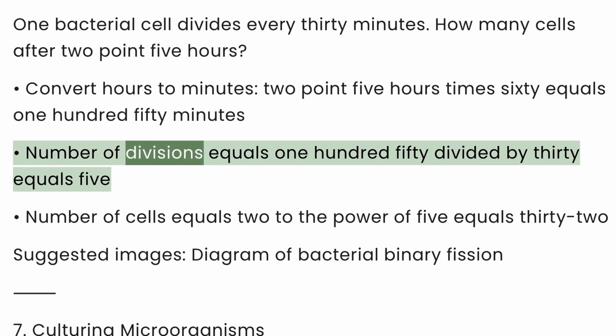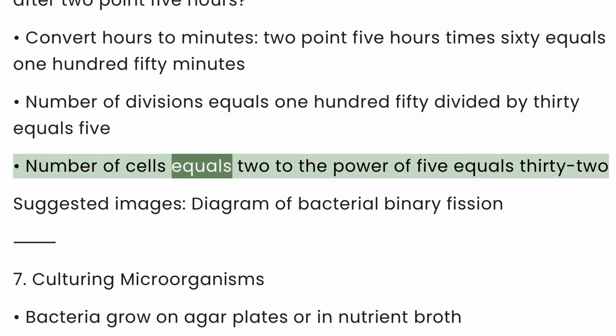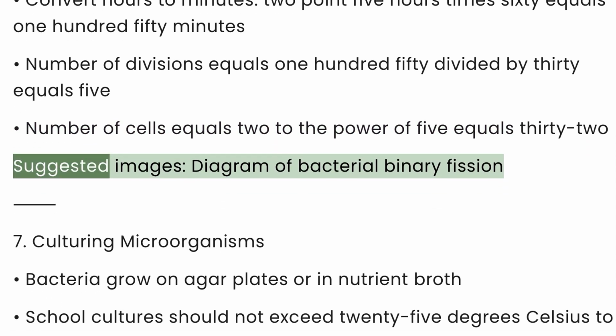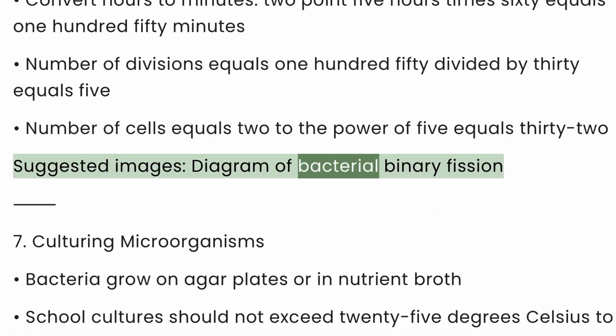Number of divisions equals 150 divided by 30 equals 5. Number of cells equals 2 to the power of 5 equals 32. Suggested images. Diagram of bacterial binary fission.